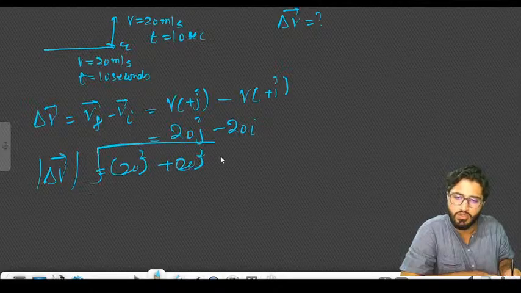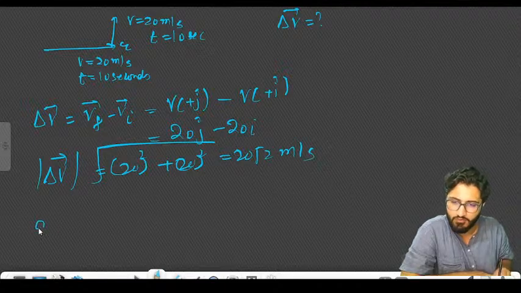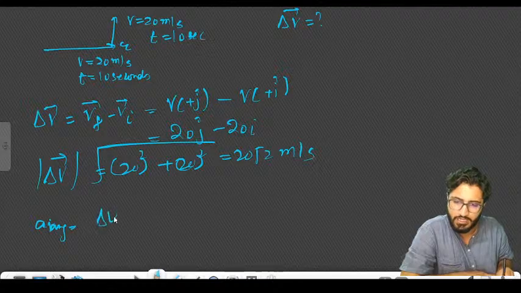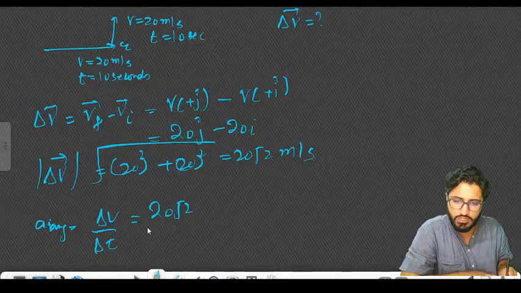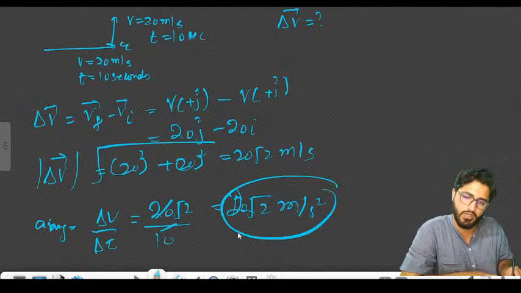It will be 20 root 2 meter per second. What will be the average acceleration? Delta v by delta t. Delta v is 20 root 2, delta t is 10. It is 2 root 2 meter per second square.